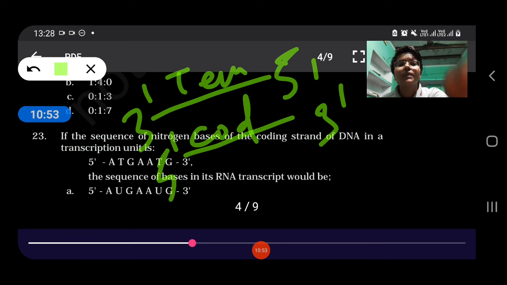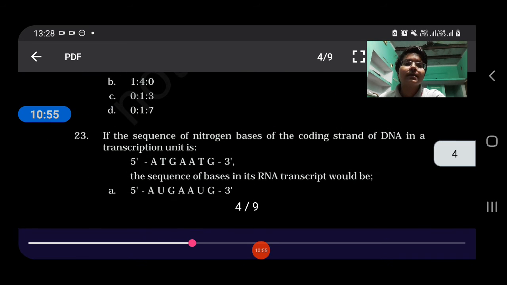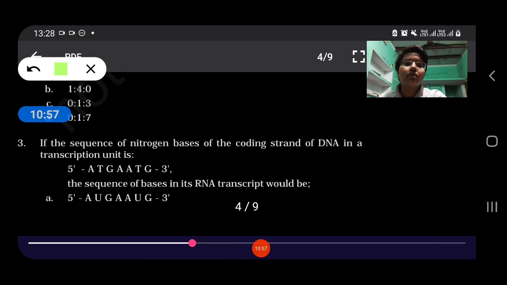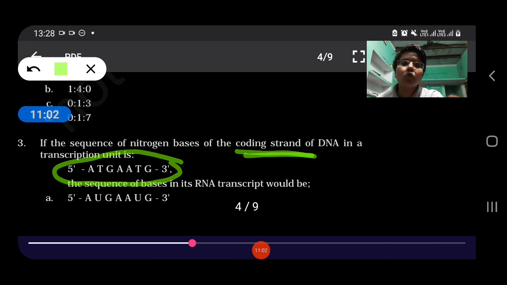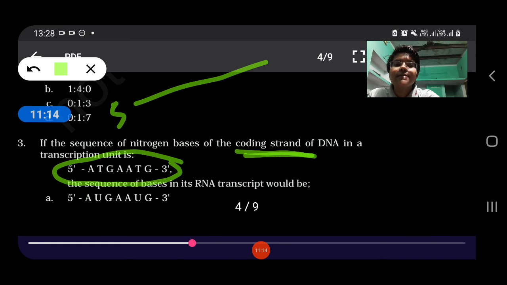The given sequence is for the coding strand, and as you know, the template strand is being transcribed. The coding strand has 5' and 3'.